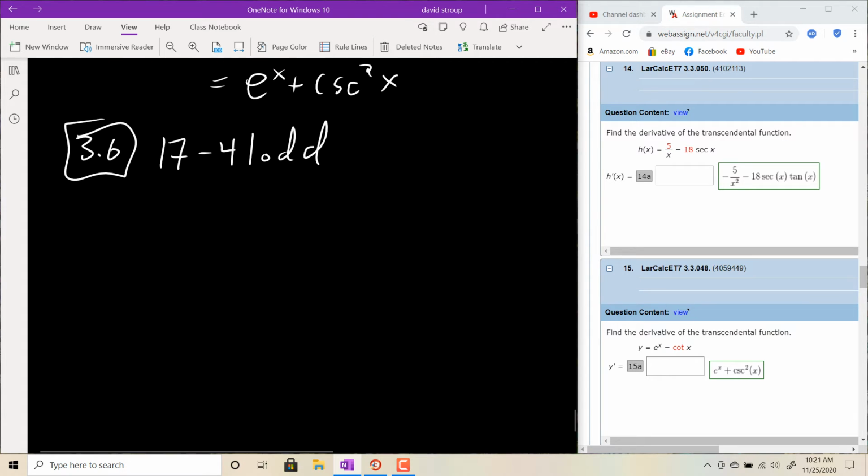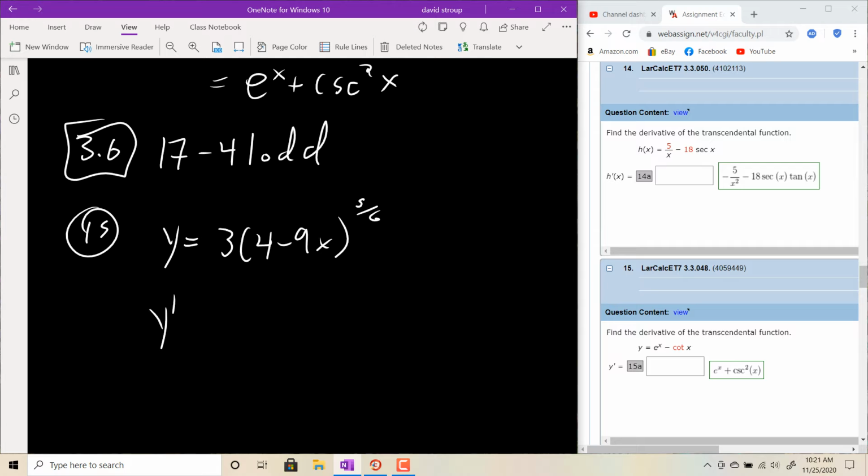So let's look at number, I guess, 15, start there. Y equals 3 times 4 minus 9x to the 5/6. Okay, so y prime, you kind of take the derivative of the outer part and then tack on the derivative of the guts, right? So it'll be, bring down the power, 3 times 5/6 times 4 minus 9x to the 5/6 minus 6/6, which is negative 1/6, and then times the derivative of the guts, which should be negative 9.